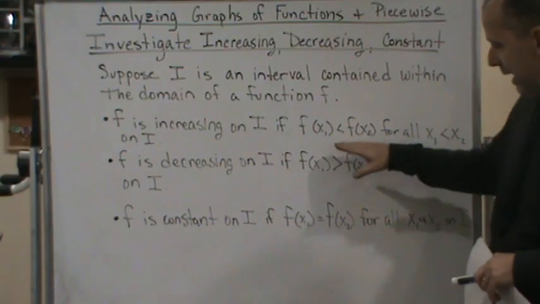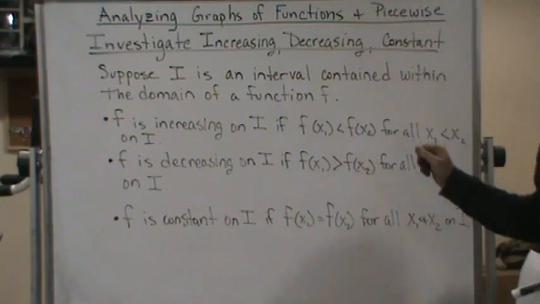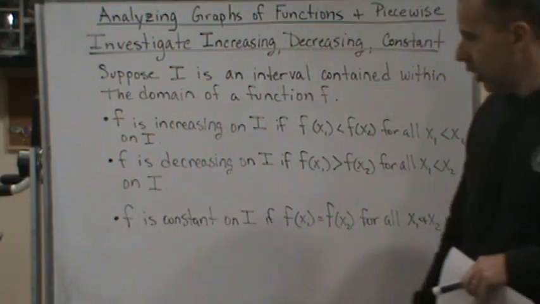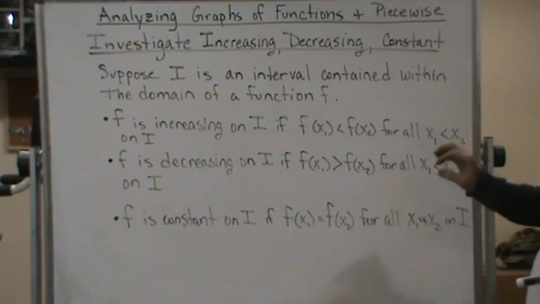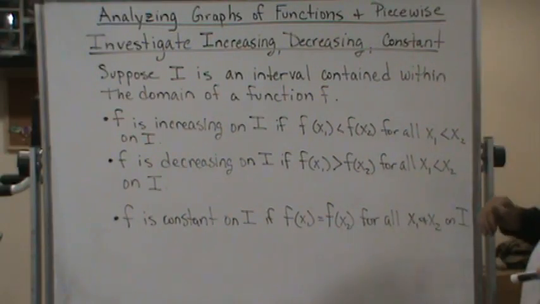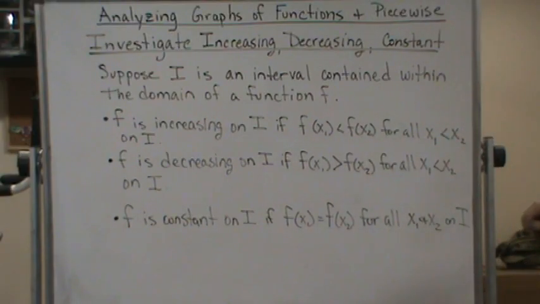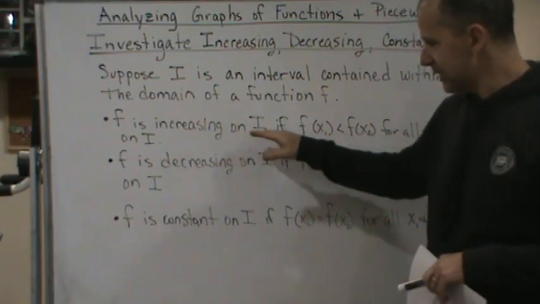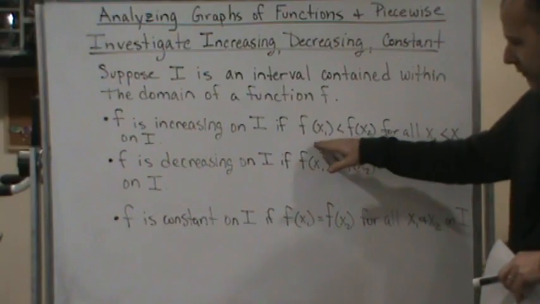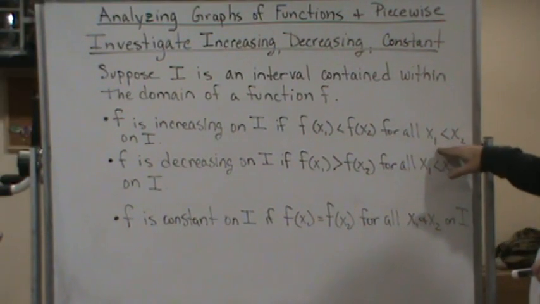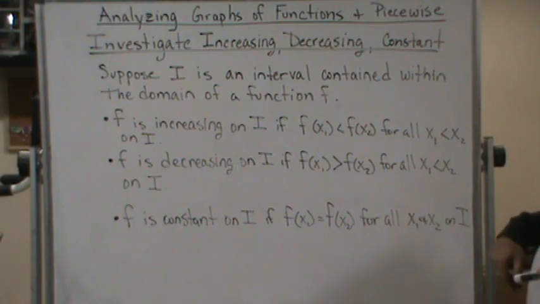So that means it's going up from left to right, right? So it's increasing. If you have a function that's increasing from left to right, then we call it increasing. So this is the algebraic definition: f is increasing on this interval if f of x1 is less than f of x2 for all x1 less than x2 on the interval.